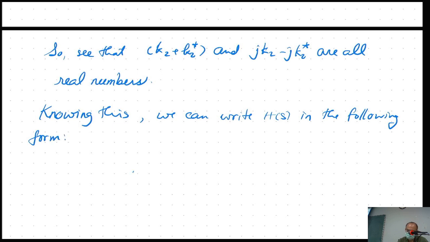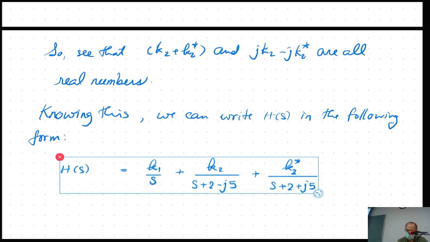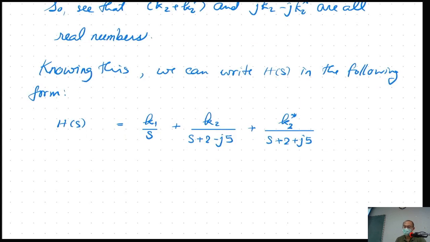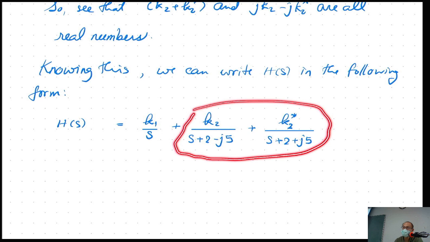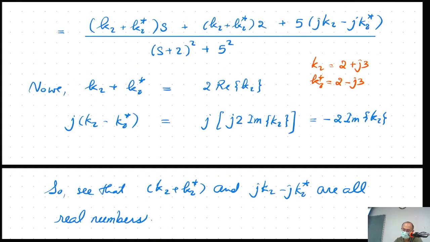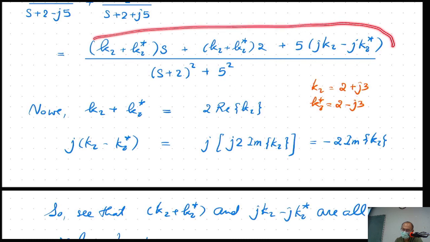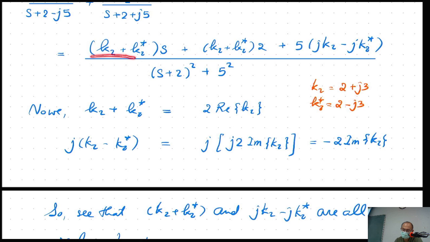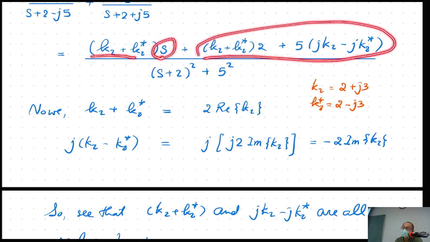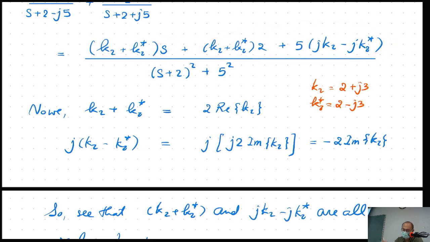Okay, and here. Look here. Because we know that if we combine these two, the numerator will be of this form. It will be a real constant times s plus another real number, right? I'm going to say it again.